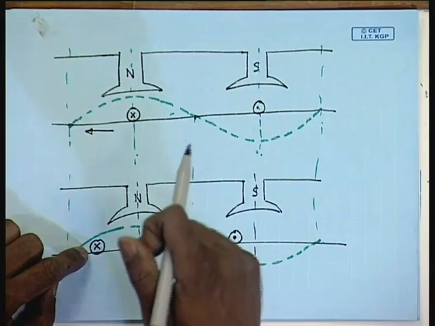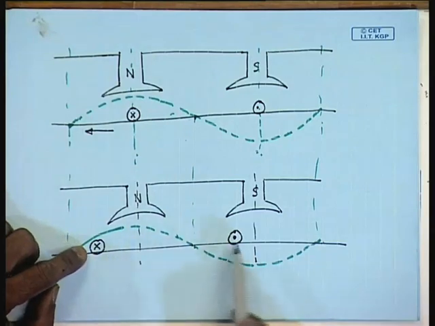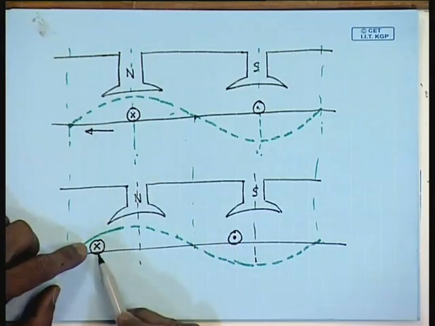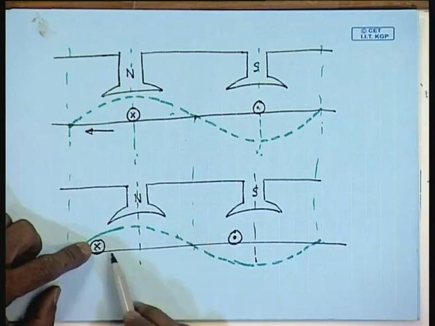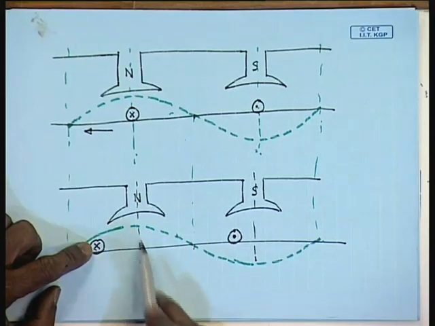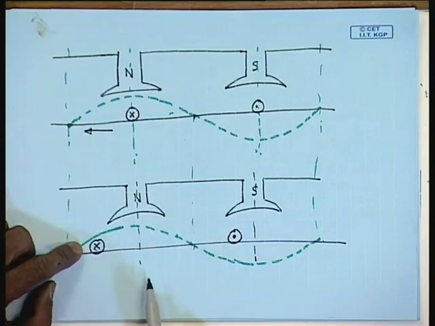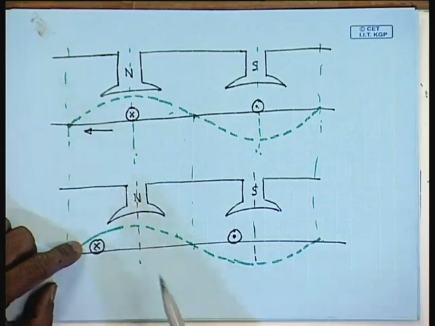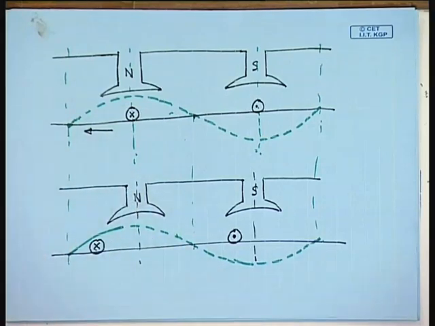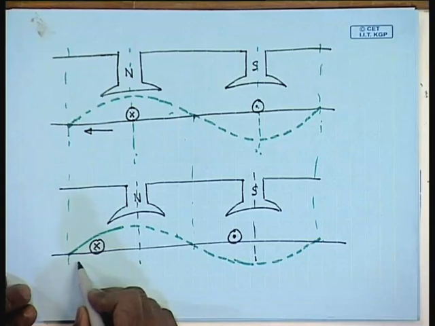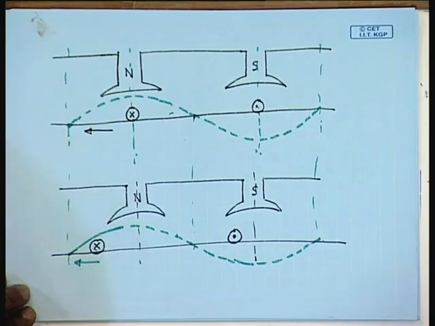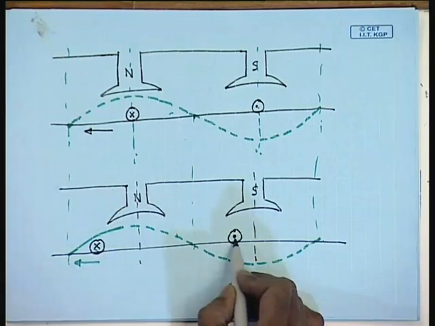The total flux passing through the coil has become positive, because now more flux passes through this coil from the armature towards the pole. So there is a change in flux linkage, and we can define a rate of change of flux linkage with time, and according to Faraday's law, there will be a voltage induced in this coil.